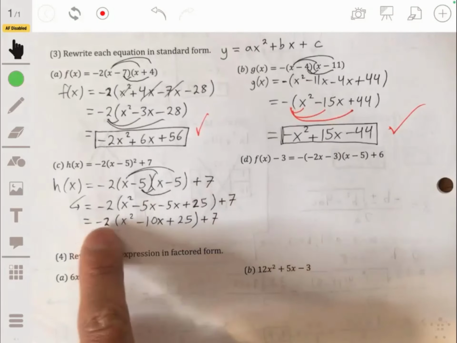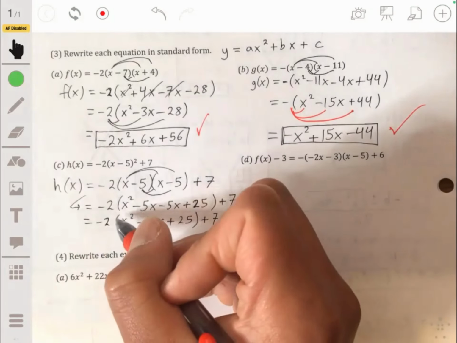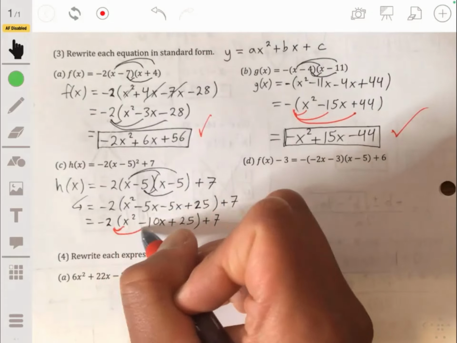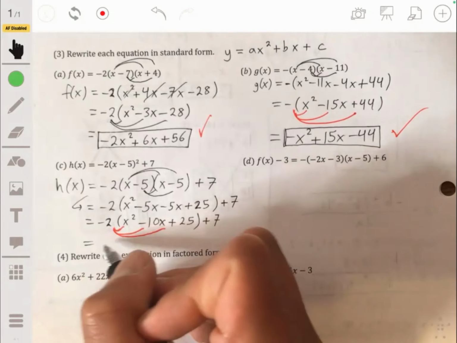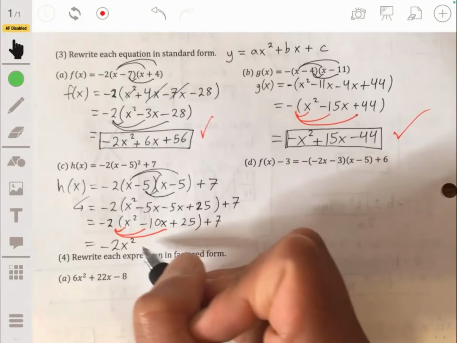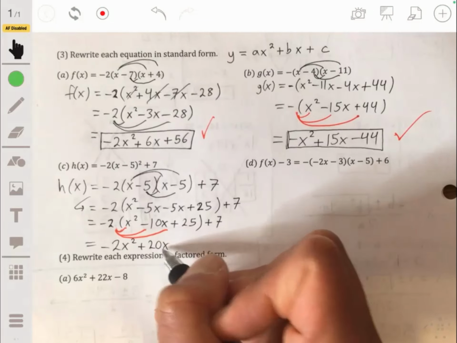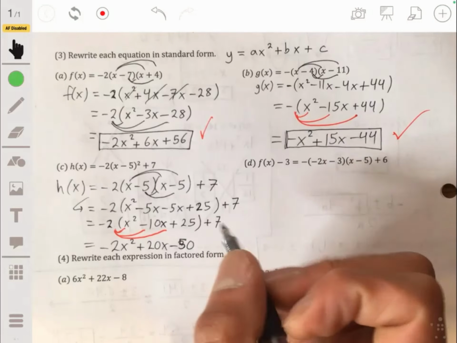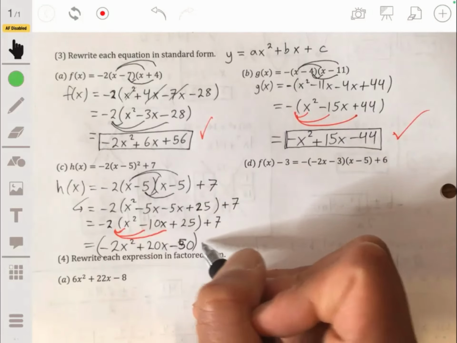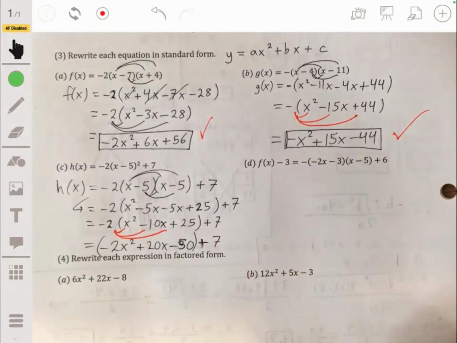Before you add the 7, multiply each of the terms inside here by -2. So we'll get -2x squared plus 20x minus 50 plus 7.